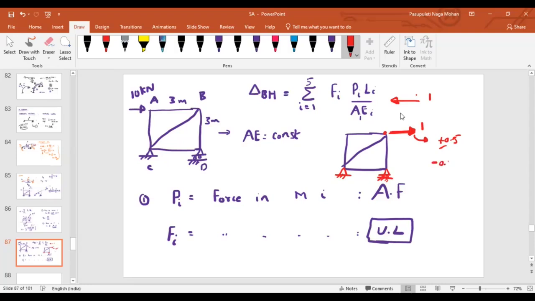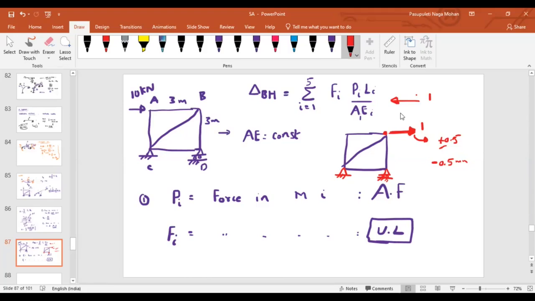If I get minus 0.5, minus represents the same thing in the opposite direction. That means my deflection at this point is 0.5 mm, but it is opposite to the direction of the unit load. What is the direction of the unit load? Right side. But as I'm getting a negative, I should say that my deflection at this point is 0.5 mm, and it is acting along the left side direction.